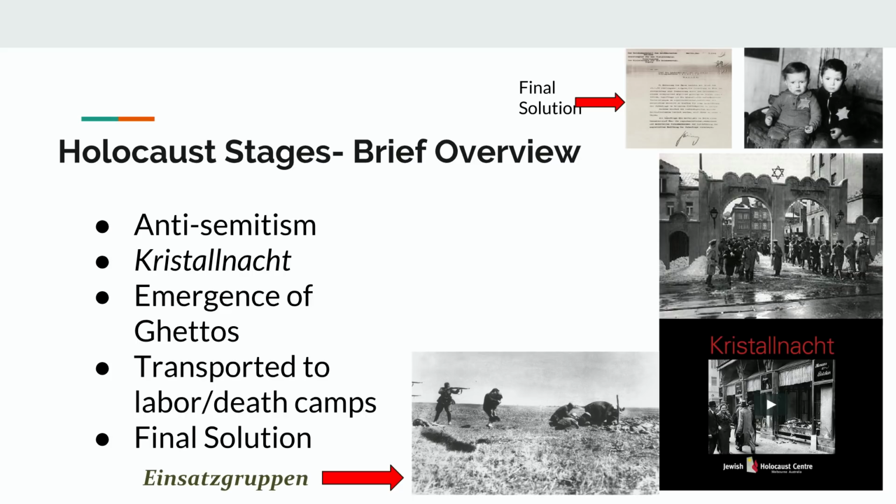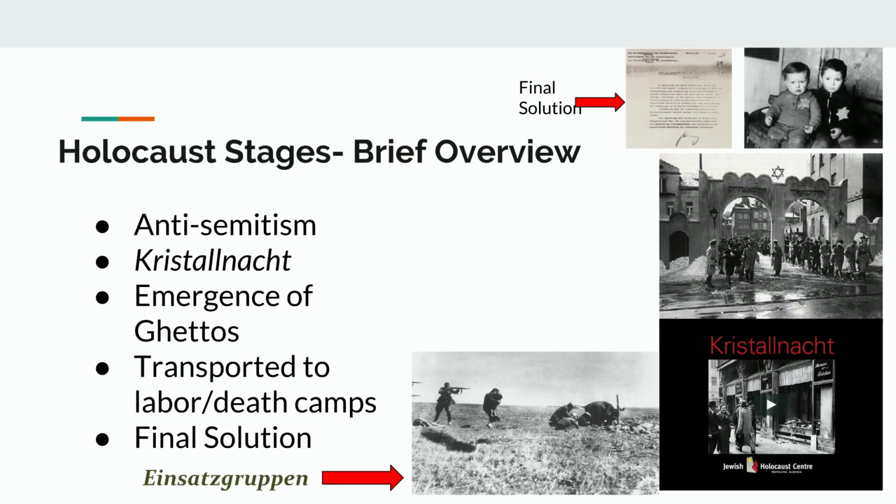And then the final thing was the final solution, which was Hitler's plan to exterminate all the Jews. He used a group known as the Einsatzgruppen, and the Einsatzgruppen were mobile killing units. They went around and they killed a lot of Jews. They traveled in vans. They rounded up the Jews, usually shooting them.